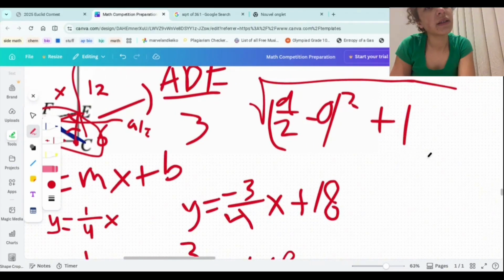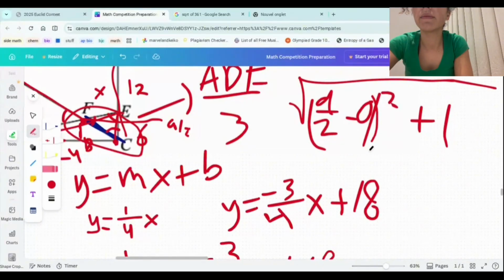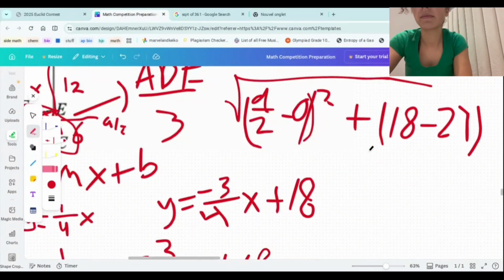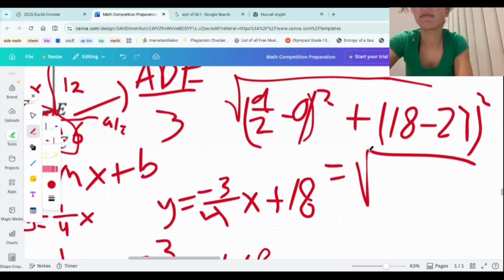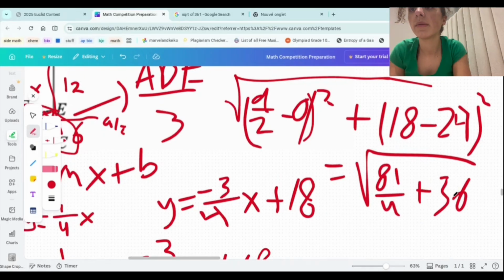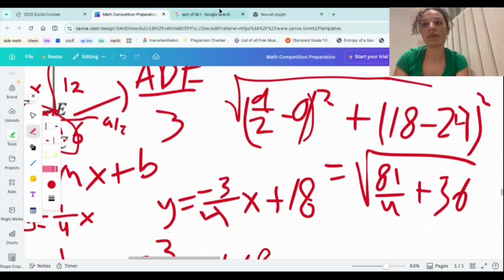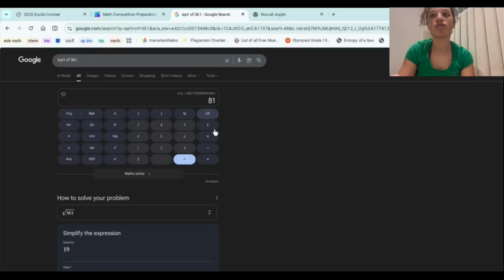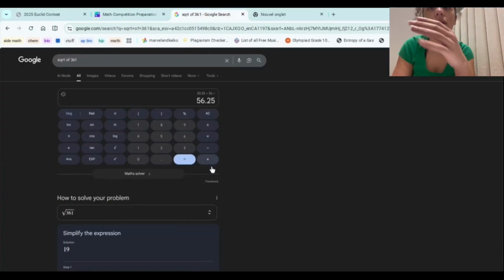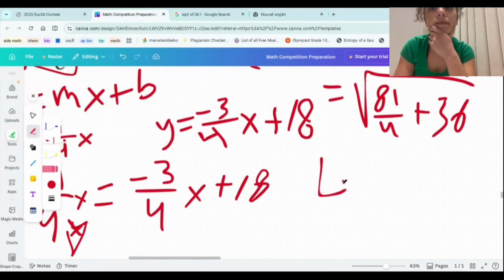This was 18 and this is 24, so there's a difference of 6, so I'll just write it out. 18 minus 24. So that's 81 on 4 plus 18 minus 24, minus 6 squared, so plus 36. Square root of answer is 7.5.